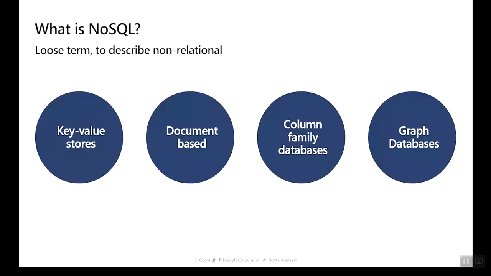A document store does not require all the documents to have the same structure. This kind of free-form approach means we have a lot of flexibility in terms of the data that we insert into the document store. And applications can store different data in documents as business requirements change.